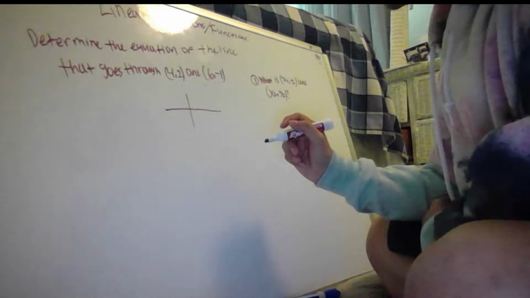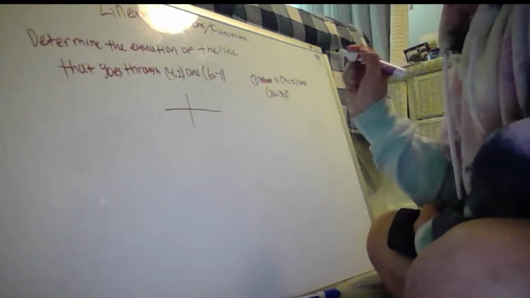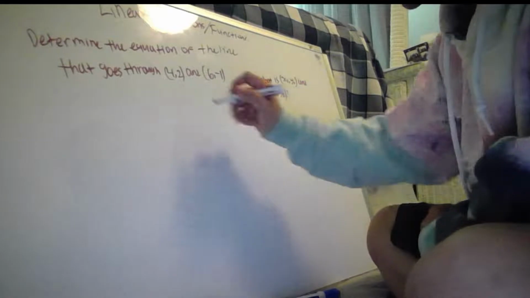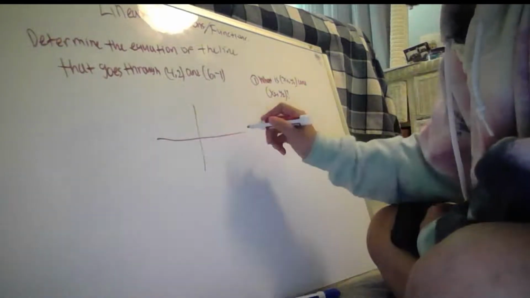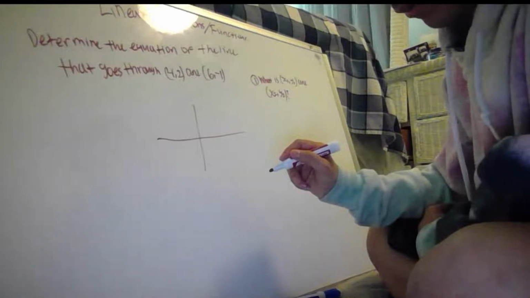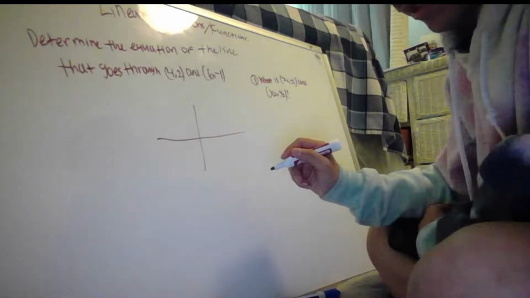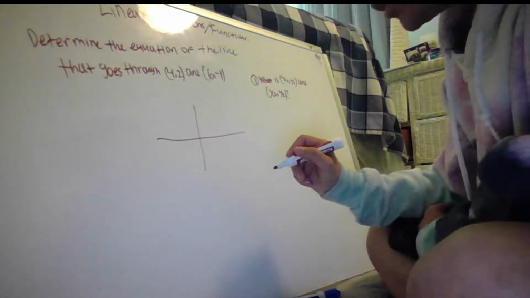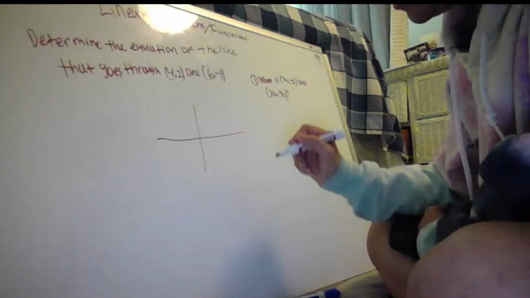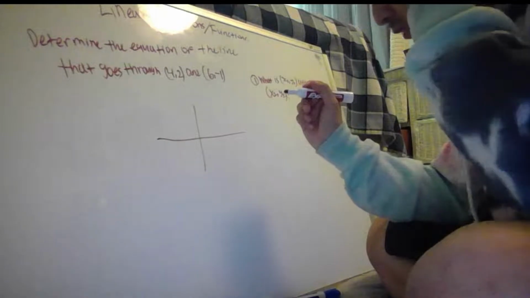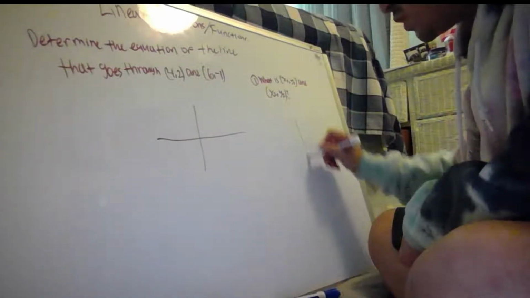One of the things that I really recommend when you do these kinds of problems is that you go ahead and do a little sketch of how these look, right? If you know how to plot points, let's just do a little review.